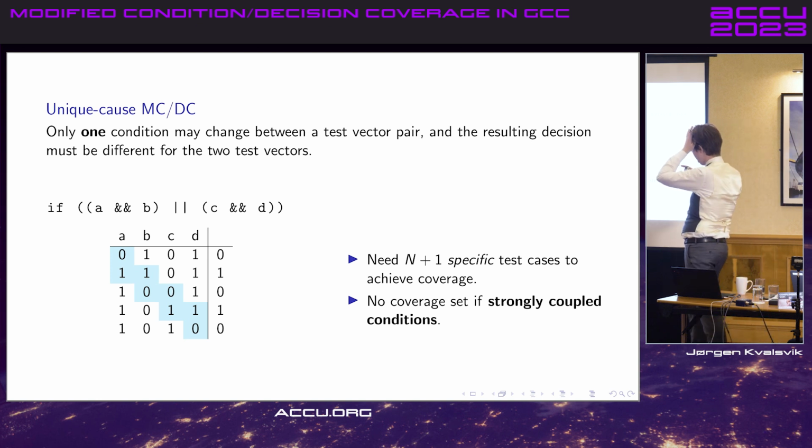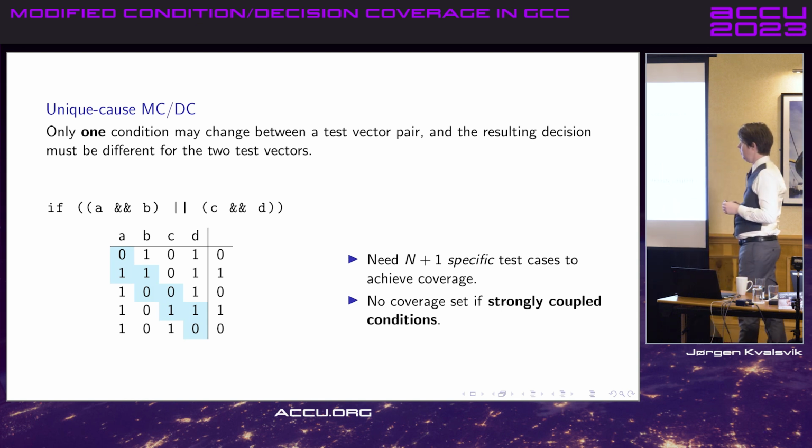Assuming you have the expression A and B or C and D, you need to pick a set of inputs where changing one of the variables, and only one, in between the rows of the table that I put down for you there, changes the outcome at the same time.